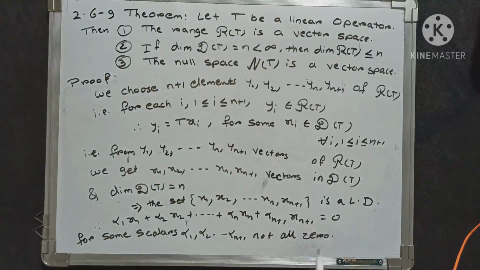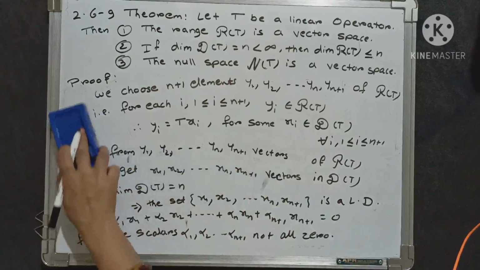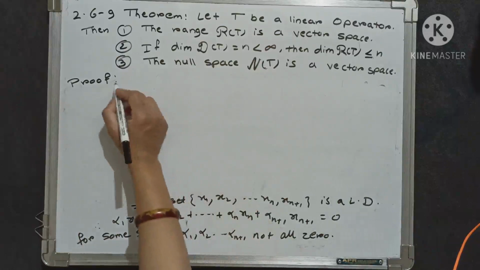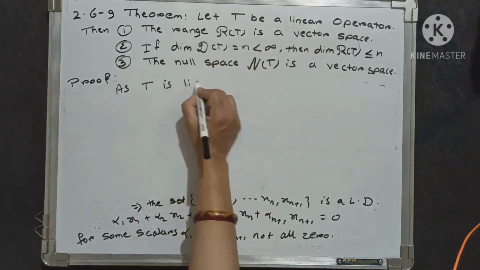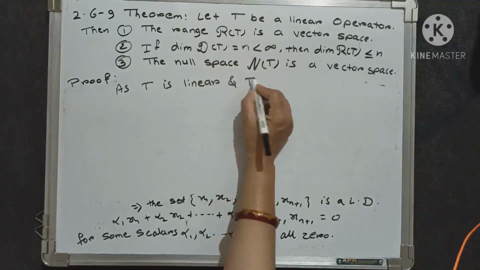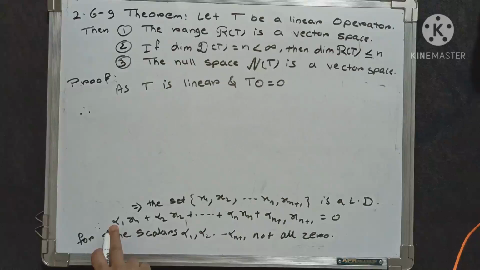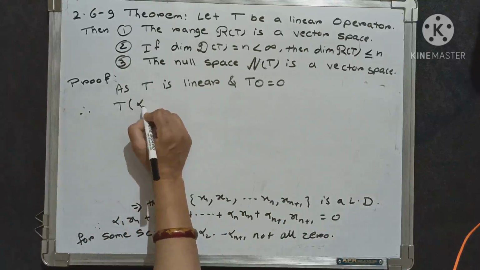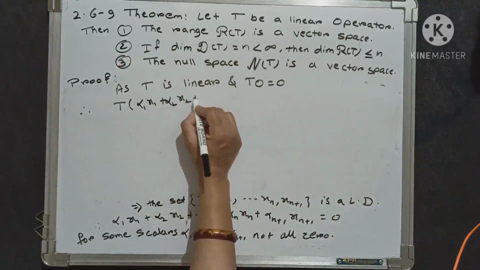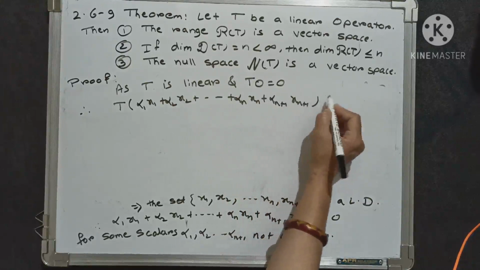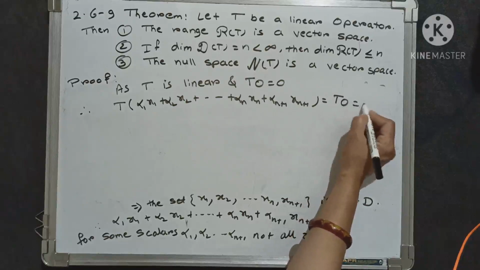As these are not all zeros and T is a linear operator, and T of 0 is always equal to 0, we have T of alpha 1 x1 plus alpha 2 x2 up to alpha n xn plus alpha n plus 1 xn plus 1 equals T0, which equals 0.